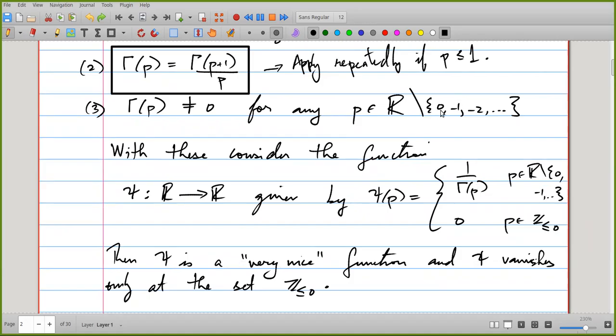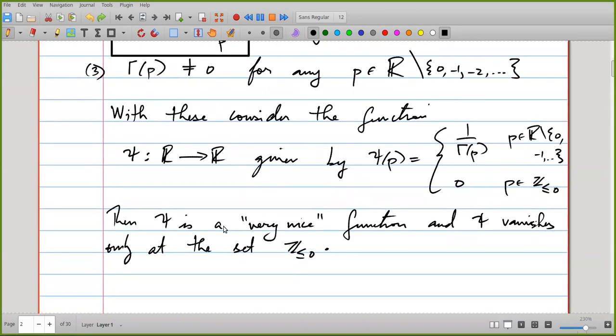That function is not defined at 0, -1, -2, and so on, so we define a map psi from R to R given by psi of p equals 1 upon gamma of p if p belongs to the real numbers minus 0, -1, -2, and so on. At the integers which are less than or equal to 0, that is p belongs to Z less than or equal to 0, we define psi of p to be 0.